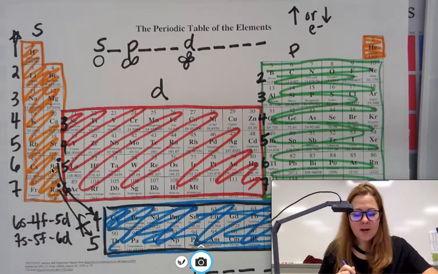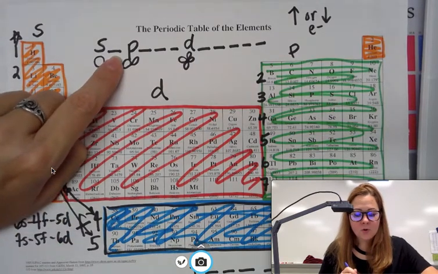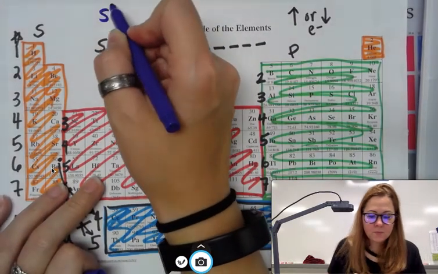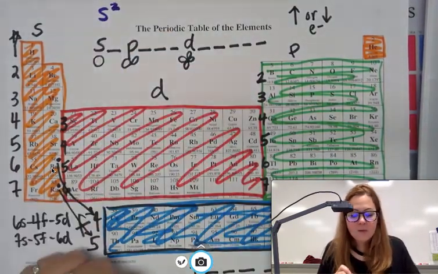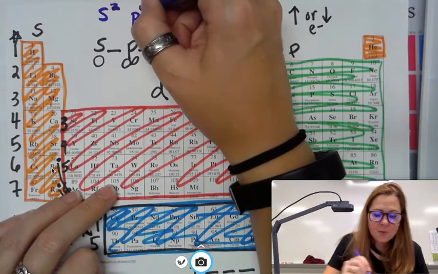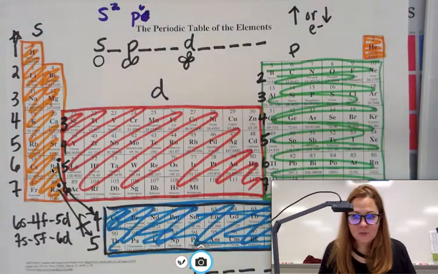So instead of writing that one line with your 2 electrons, we would just write 2 if it's full. If we have a p, there are 3 orbitals present. Each orbital holds 2 electrons. We would write 6 if it's full.